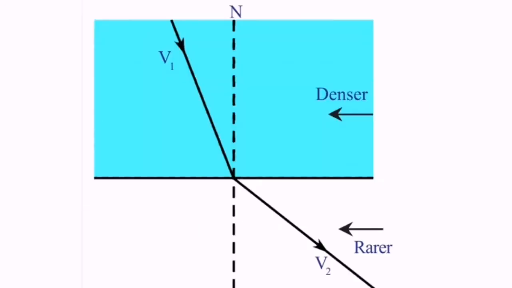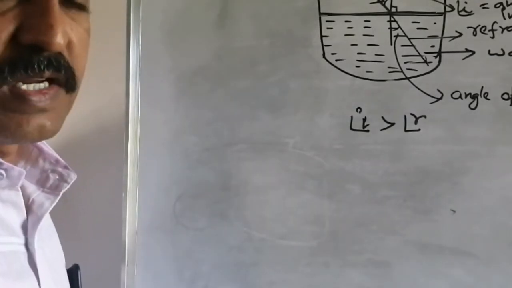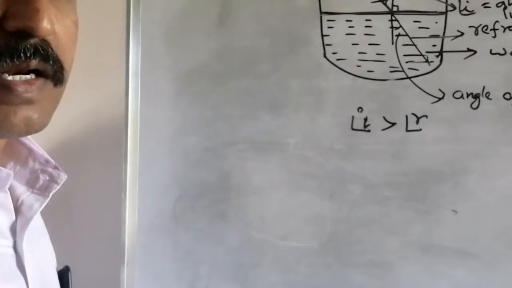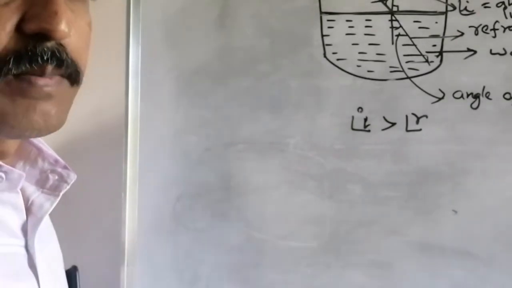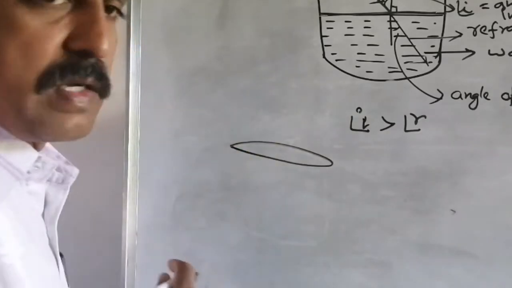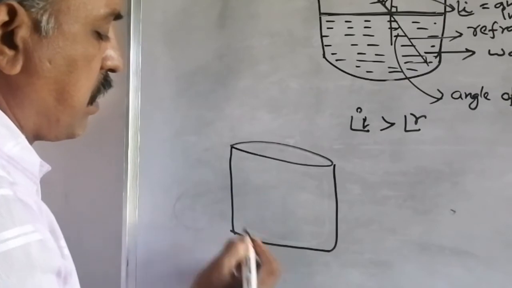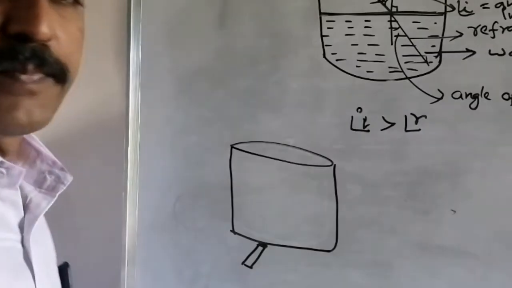Let us know light traveling from denser medium to rarer medium. In the second case, we learn how light passes from denser medium to rarer medium. Here also we take the transparent glass jar and put the torchlight at the bottom of the glass jar.